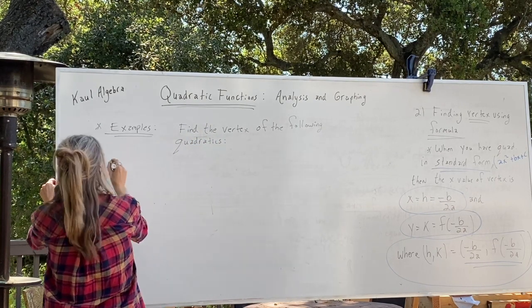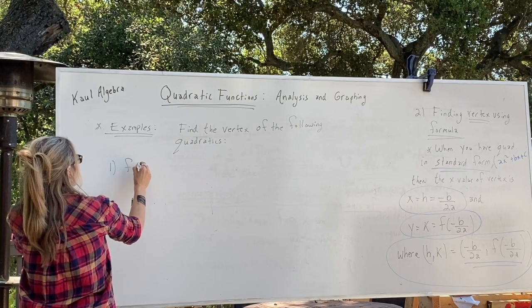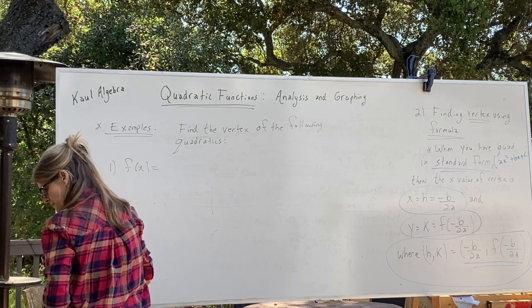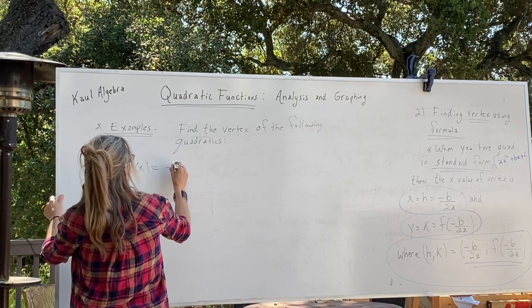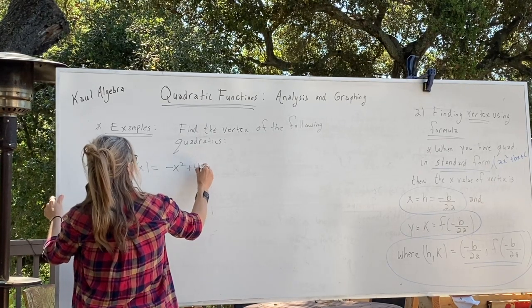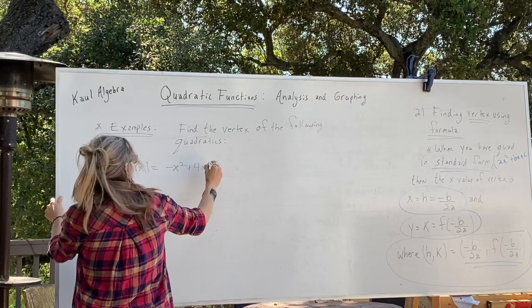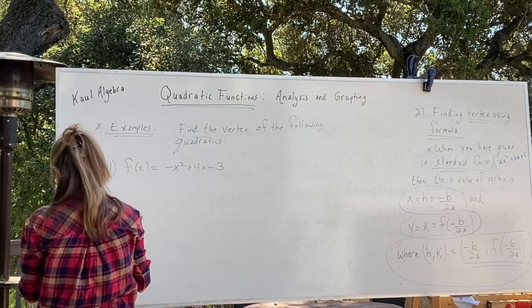Number one, we'll have f of x is equal to negative x squared plus 4x minus 3.